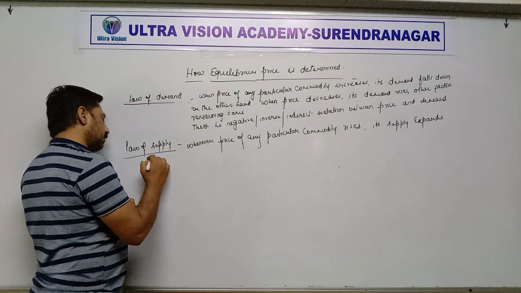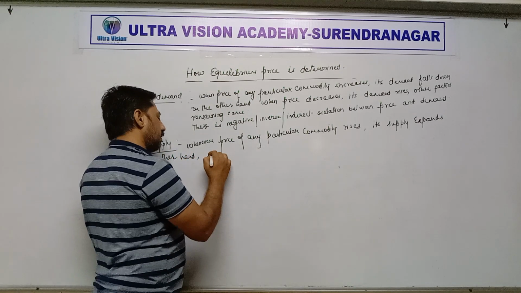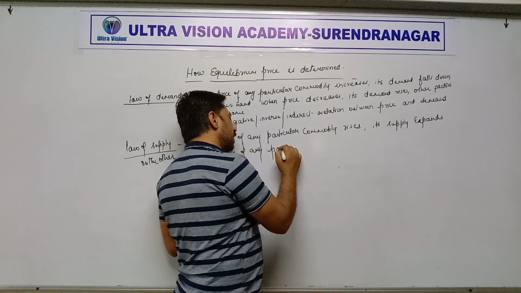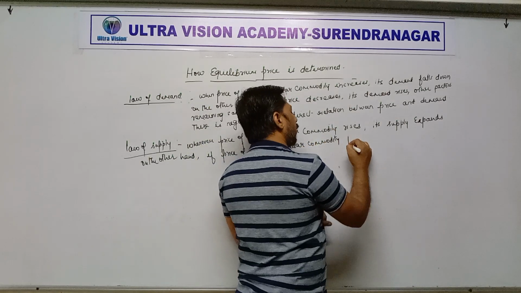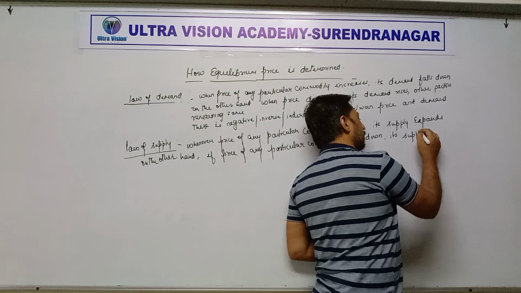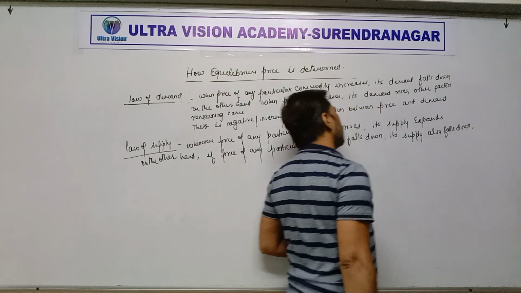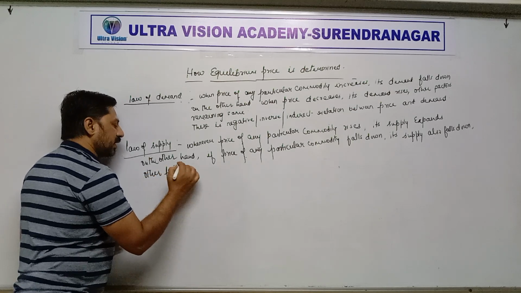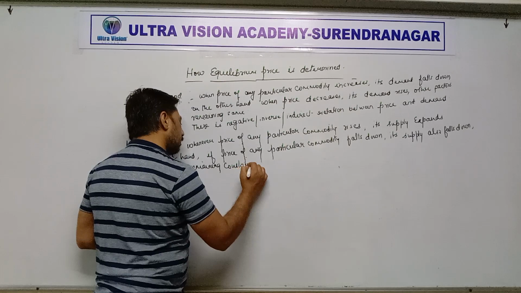On the other hand, if the price of any particular commodity falls down, its supply also falls down, means contracts down. Other factors remaining constant.